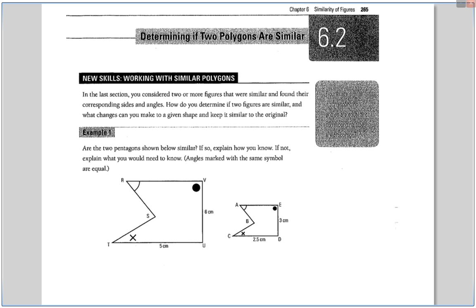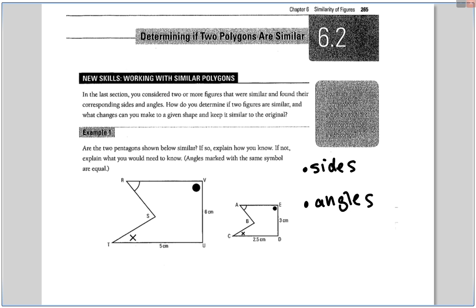In the last section, 6.1, we examined when two shapes are similar. There were two big ideas that we had to remember: the sides and the angles of the shape.